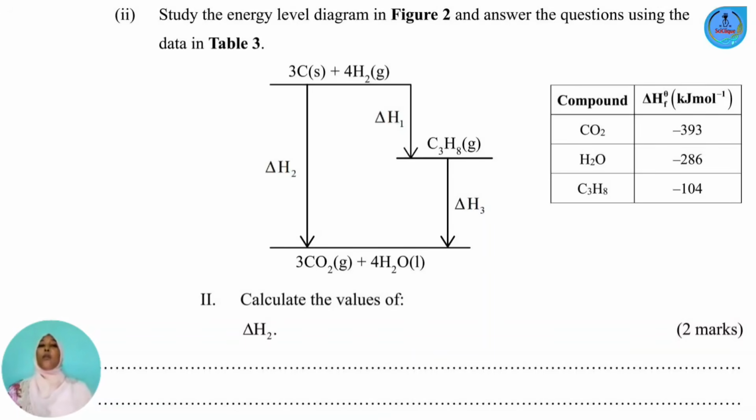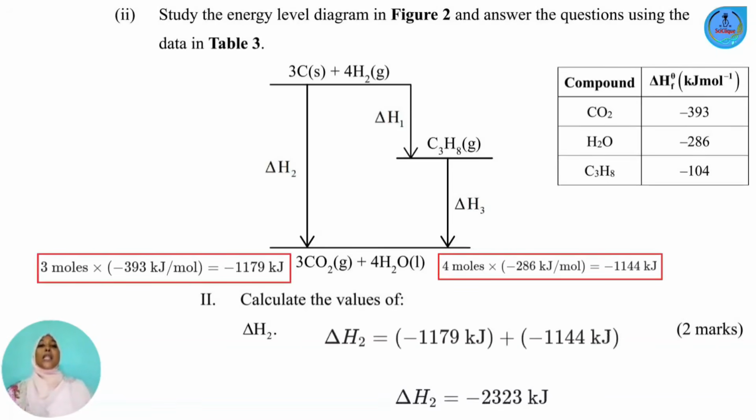So for us to get these oxides, that means we had carbon reacting separately with oxygen, and hydrogen reacting separately with oxygen, such that at the end we end up having carbon (IV) oxide and water.